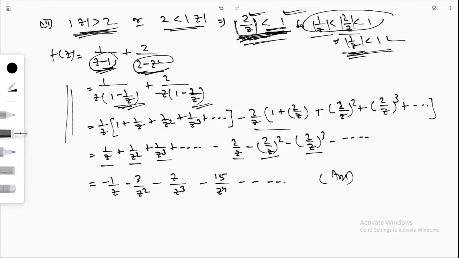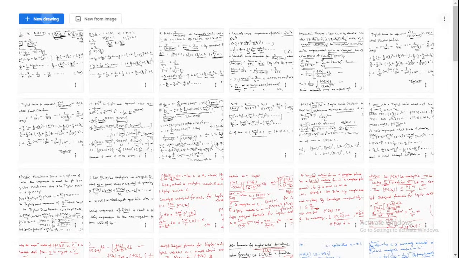Now go to the next problem. And for the next problem, what is the region there? It is modulus of z minus 1 is greater than 1.